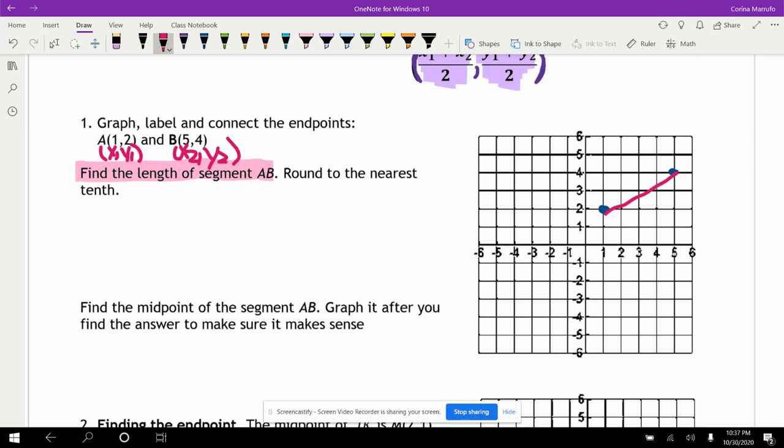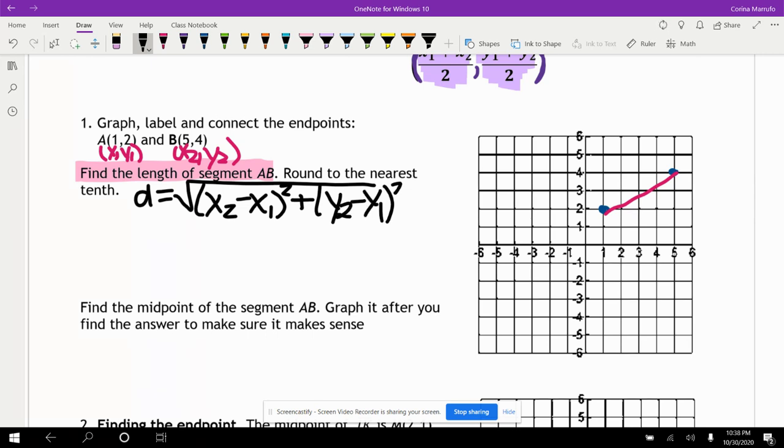Okay, so I'm going to go ahead and write down the formula. It is going to be distance equals the square root of, you subtract your x values, and you square it, plus you subtract your y values, and you square it. Okay, so I'm going to go ahead and take a look. So my x values here, remember we're starting with our second point, is 5 and 1.